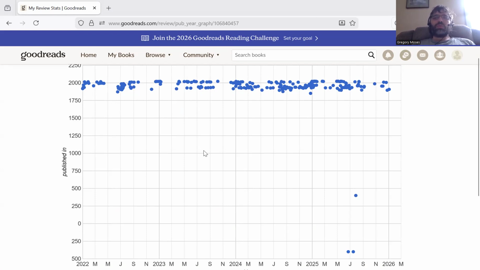Like, it's impossible to just look at a dot in this scatter plot and have any insight into what year it is. Now, there is this nice feature where you can scroll over a dot and see information about it.